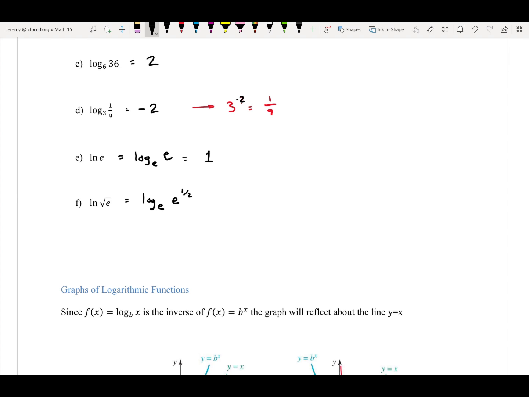Remember we can represent a root, whether it be a square root or a cube root or an nth root, with a rational exponent like this. So putting this in exponential form, really we're saying e to what power is equal to e to the 1/2 power? Well, 1/2.